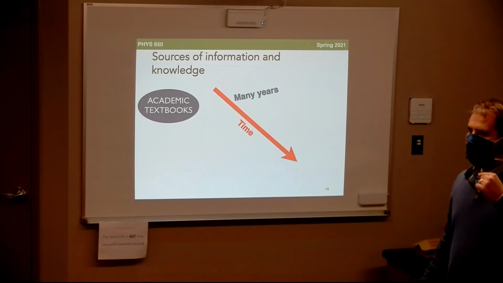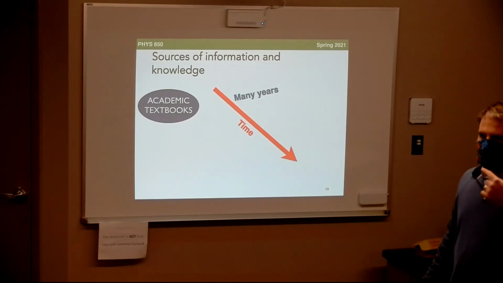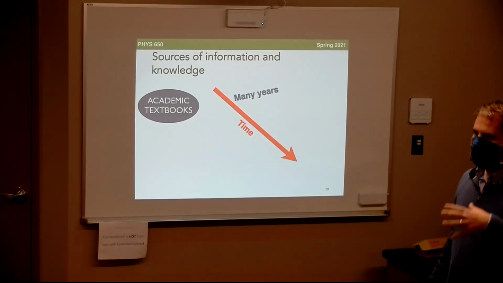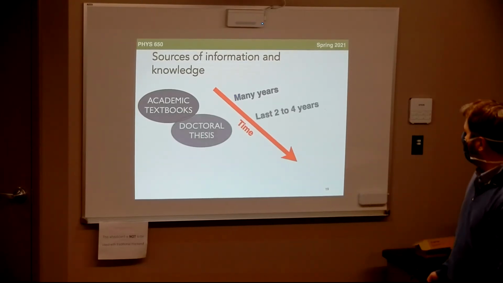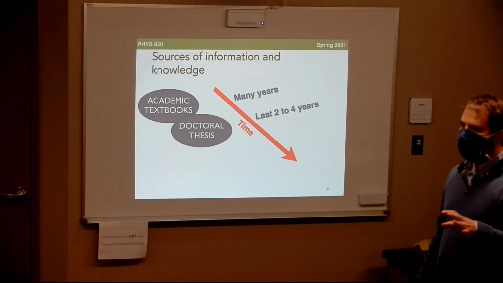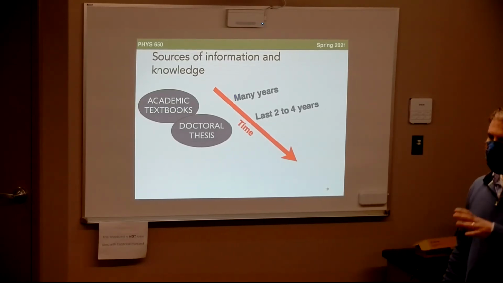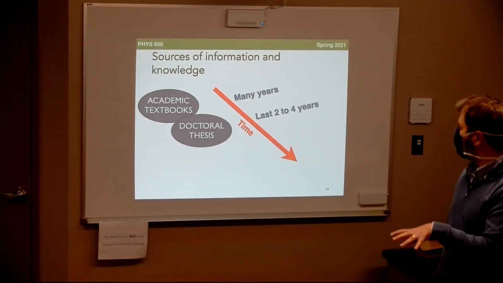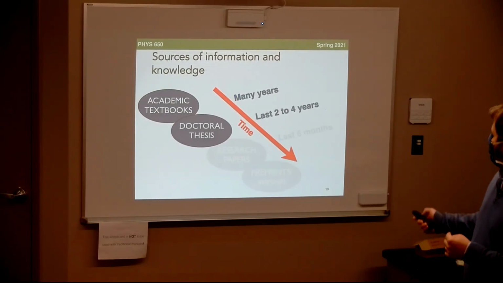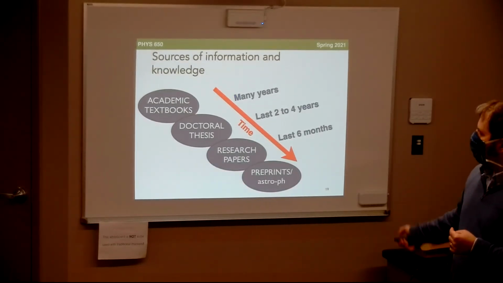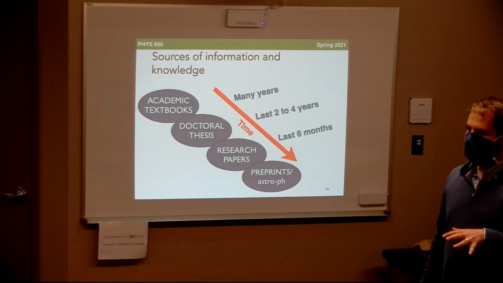Sorry. But academic textbook, typically, it takes us a few years to actually compile all the information and then stick it in a textbook. A doctoral thesis takes several years to write, and while that is the latest and greatest, it's still got a duty cycle of about 2 to 4 years. That's typically more like the last month.